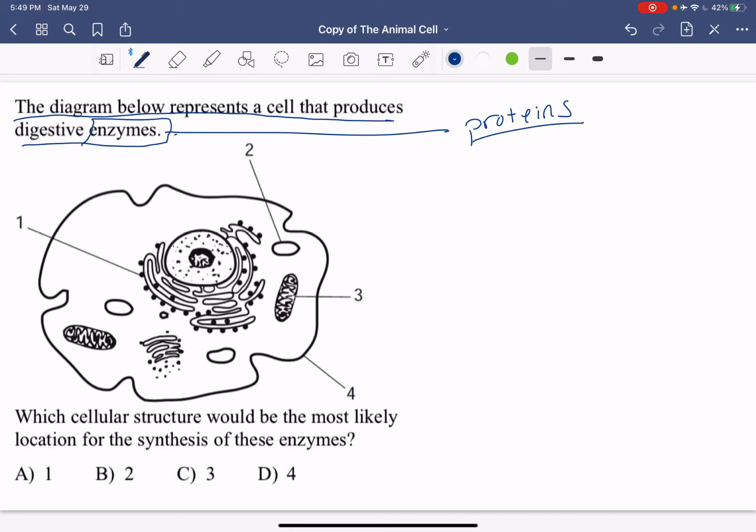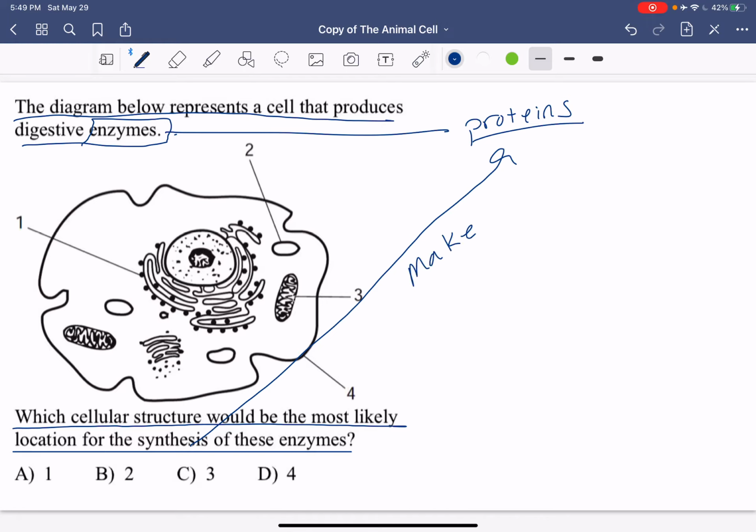Okay? Just remember that. Which cellular structure would be the most likely location for synthesis of these enzymes? Do you mean the synthesis of proteins? Making proteins? We know from our notes that that is the ribosome.